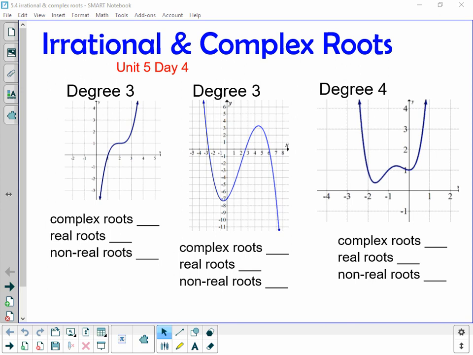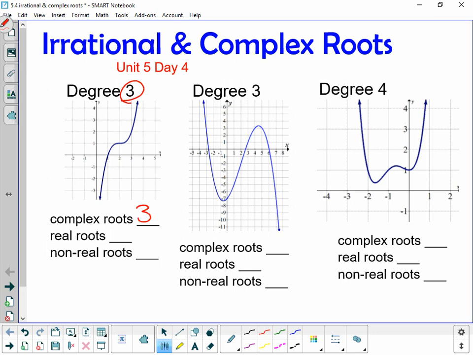It is a degree 3 polynomial, and we have a little graph of that polynomial. So when we look at this graph, we can tell a lot about its roots. First of all, it's a degree 3 polynomial, so the fundamental theorem of algebra guarantees that we will have 3 total complex roots. That includes all types of roots. We can see from the graph the real roots.